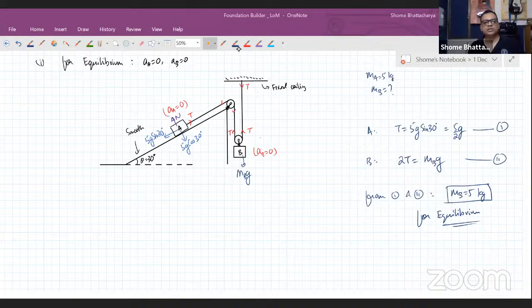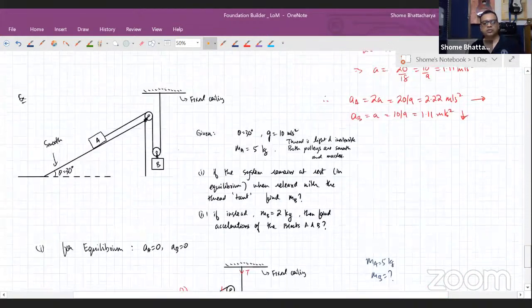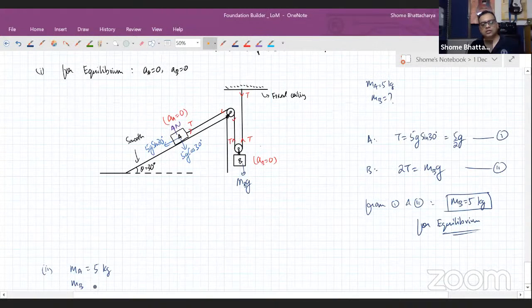Now second part of the question, you are keeping the mass of A as 5 kg only, but changing the mass of B to what? 2 kgs I think, right? Yeah, 2 kgs. So you have to find the acceleration of A and the acceleration of B. So you can see it's becoming a lot less. So this time B will be going up and A will be coming down.